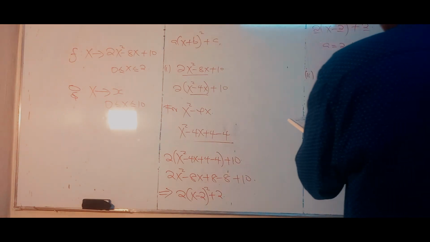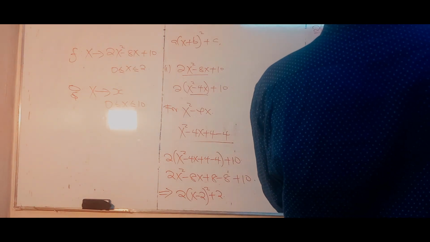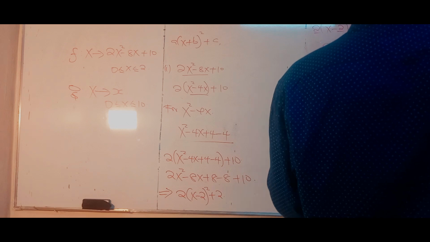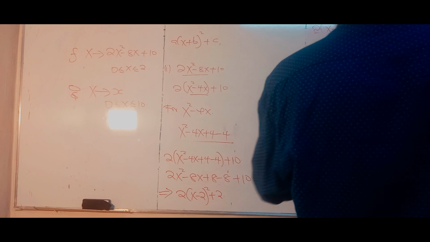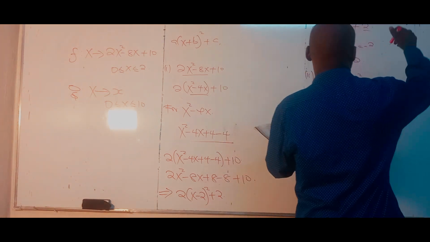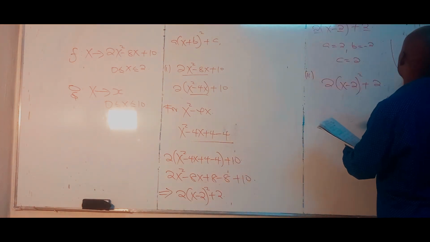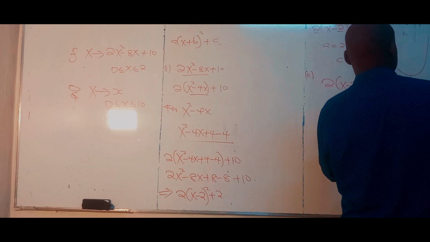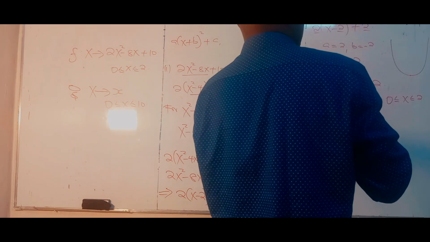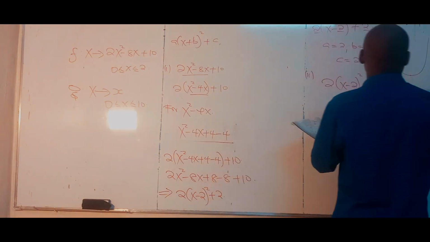So if we look at this particular function, it means that the minimum, if it's making a U-turn, because it's a parabola of that shape, this should be the vertex. That is the vertex. And it's the minimum. And that minimum happens to be 2.